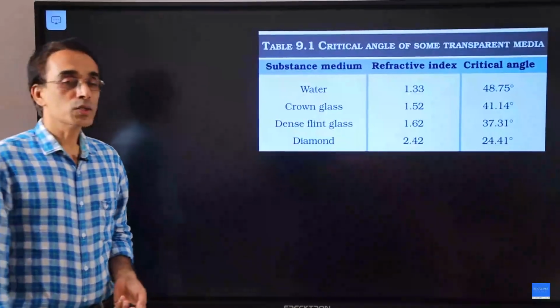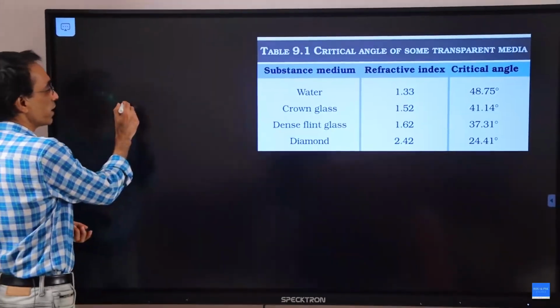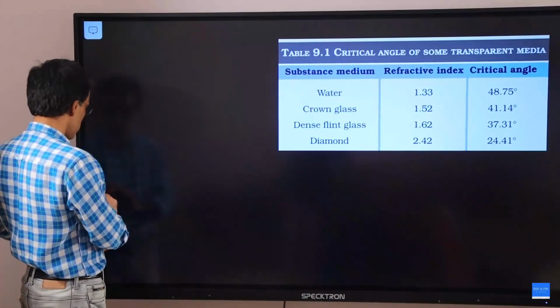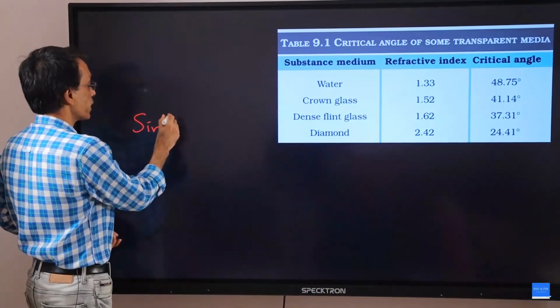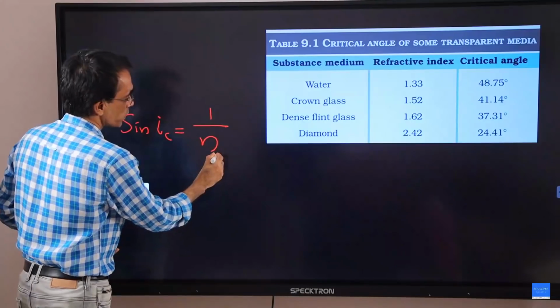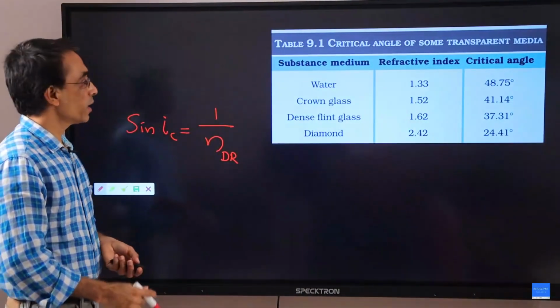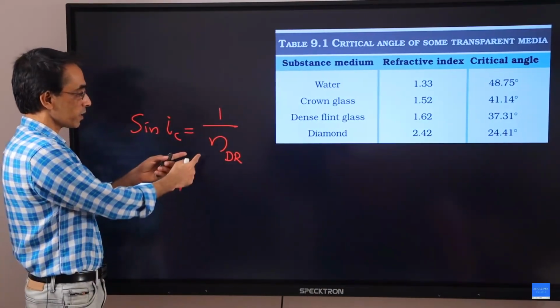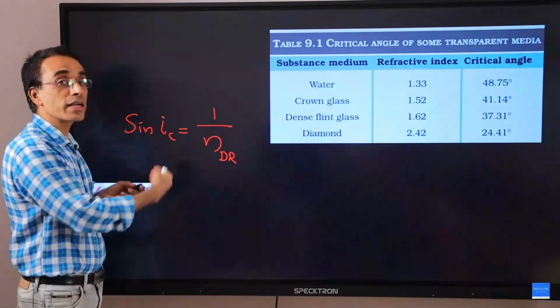So from the relation of critical angle which we derived, sin critical angle equal to 1 by the refractive index of the denser medium with respect to the rarer medium, we must know that when the refractive index increases, the critical angle decreases.